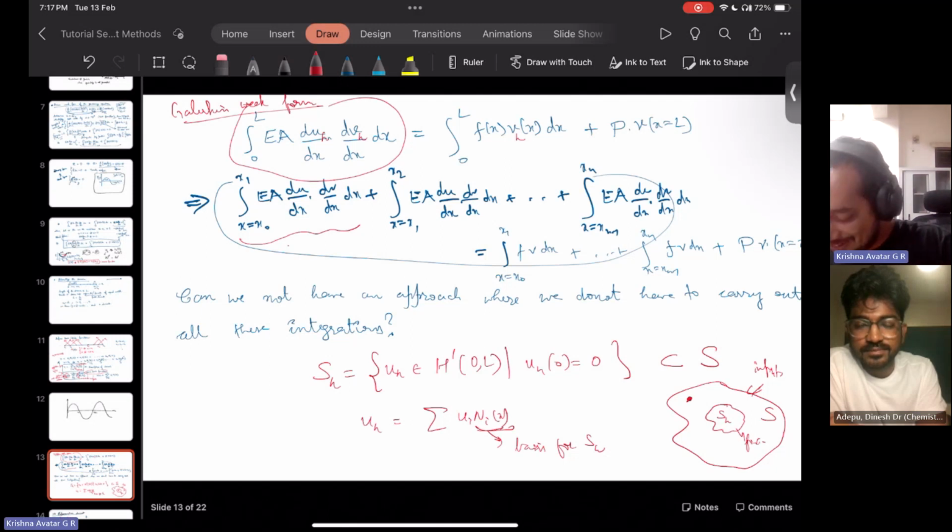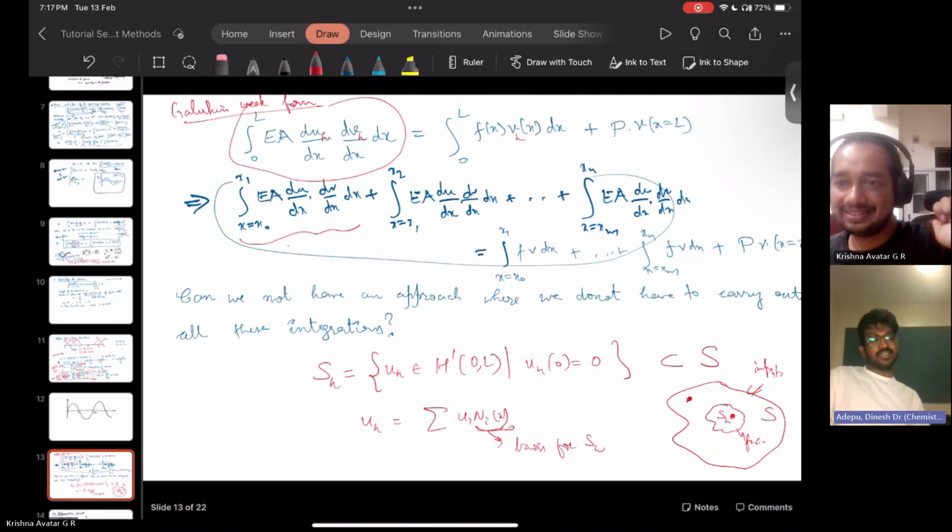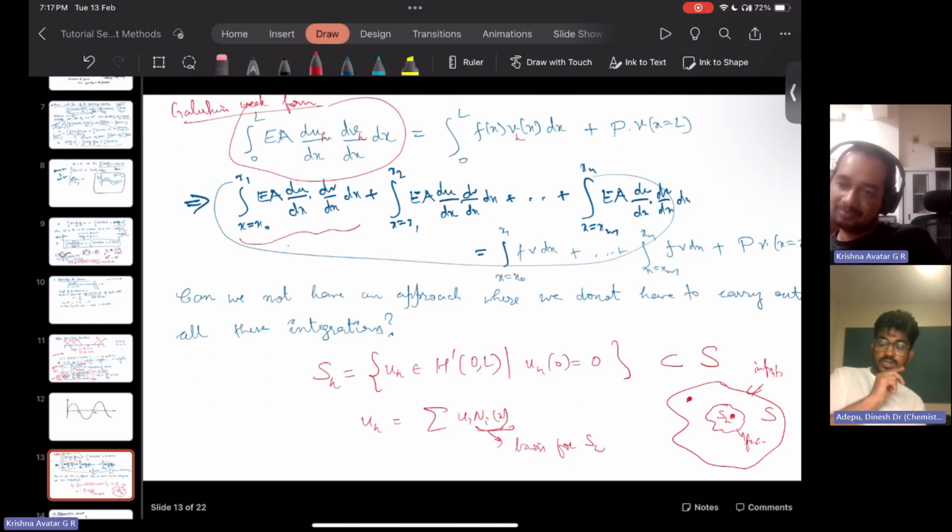If by chance our solution happens to be here, then we are actually able to retrieve the actual solution. I want to make a really good point here. Say you take the PDE, and the order of the solution which the PDE solves could be second order or third order. You don't need more than that, no?